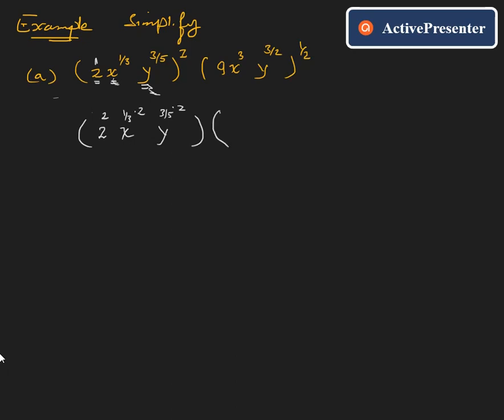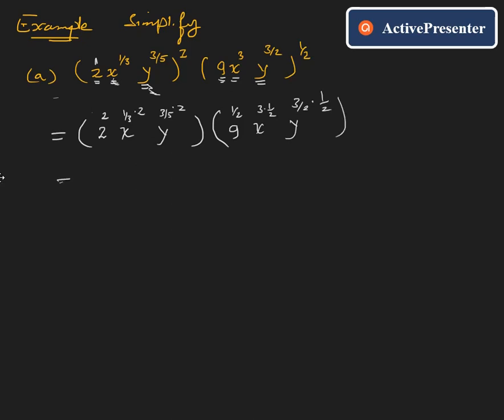Here we have how many bases? This is the first base, which is 9. This is the second base, x. This is the third base, y. So all to the power half. This means this half will be multiplied in the exponents of each base. Therefore, 9 to the power 1 multiplied in half should be 9 to the power half, x cubed multiplied in half, y to the power 3 over 2 multiplied in half.